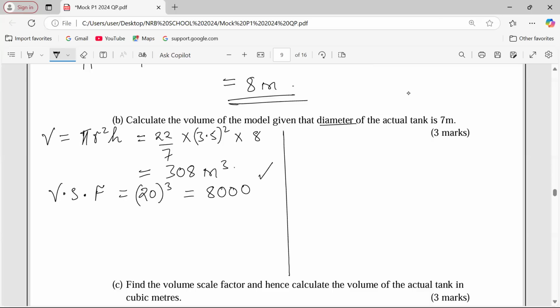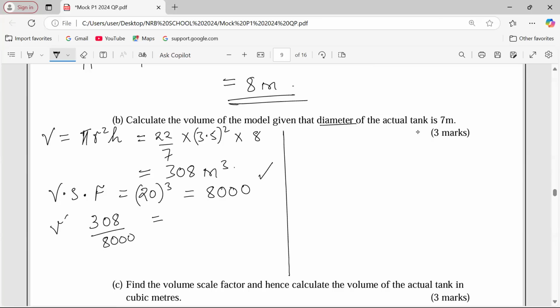This is the volume scale factor. And which volume are we having? The volume of the bigger. Now that we have the volume of the bigger, for us to get the volume of the smaller, we need to divide. 308 out of 8,000.